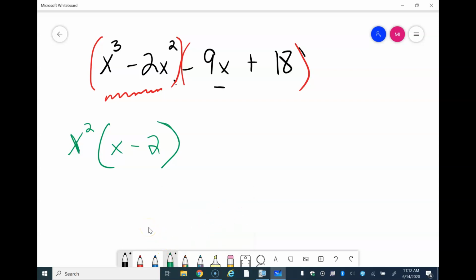For this particular one, I can take out a -9. So let me put my -9 on the outside. And that leaves me with, on the inside, x minus 2.